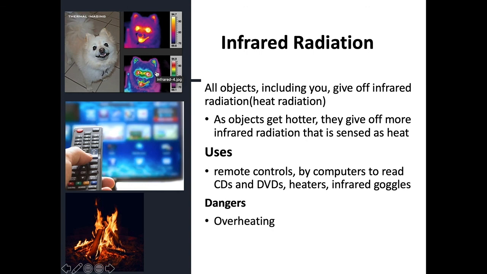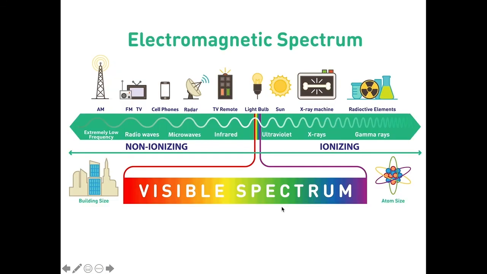Dangers of infrared, obviously overheating. So if you sat too close to a fire and wore too many layers of clothing, you could start feeling sick because your body is getting too hot. So infrared radiation is all about heat.